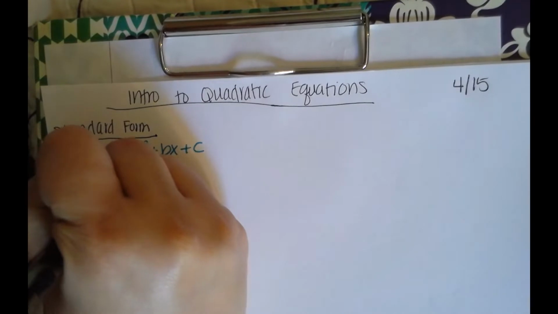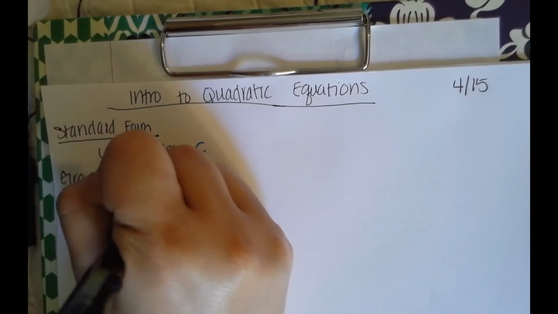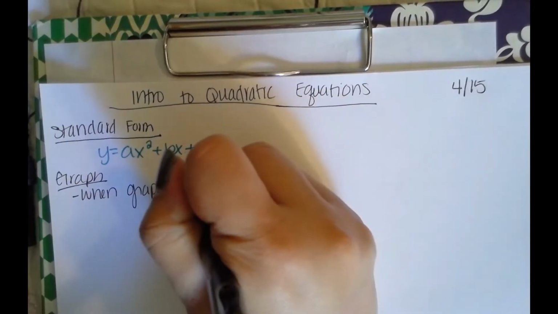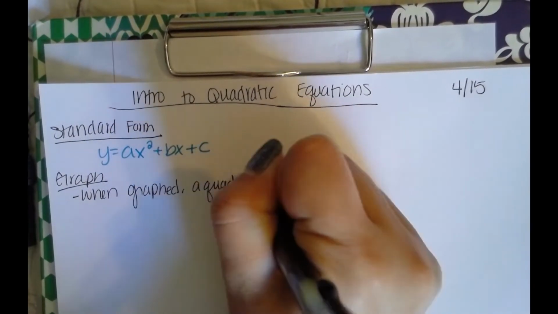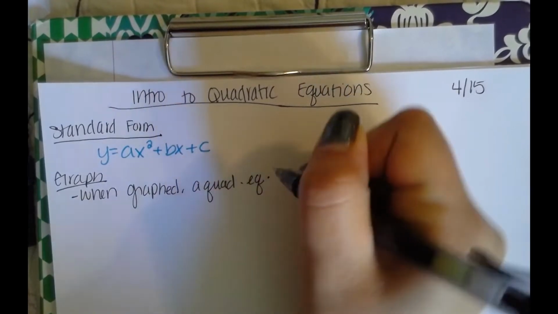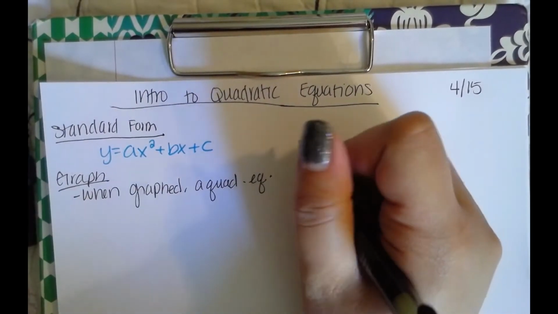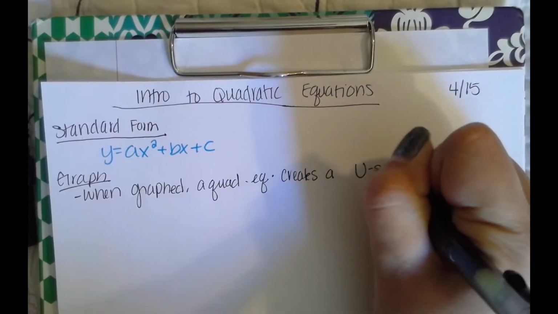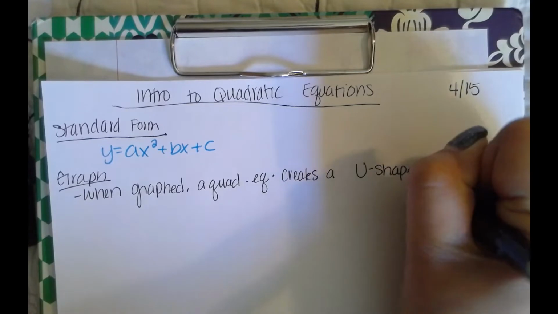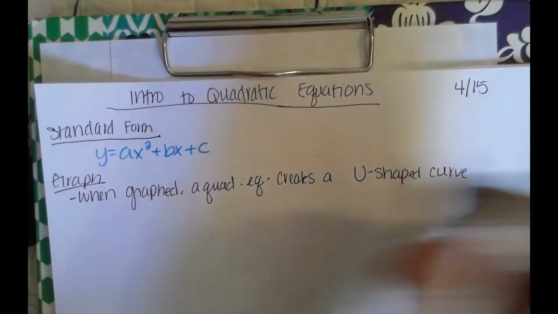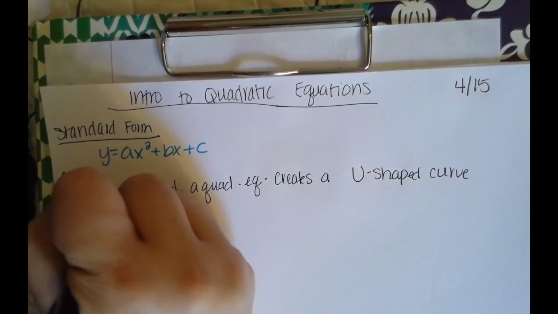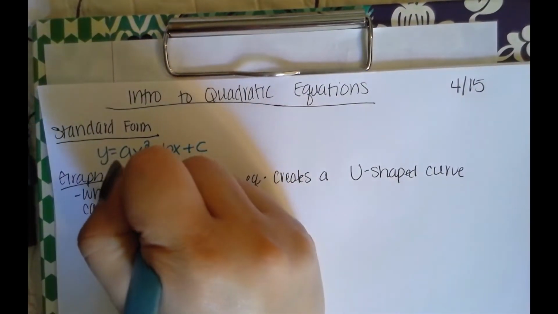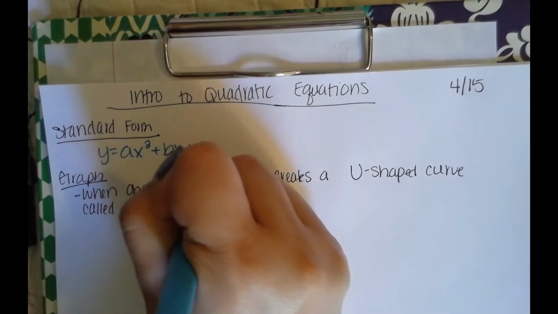When you graph a quadratic equation, the quadratic equation creates a U-shaped curve, which is actually called a parabola.